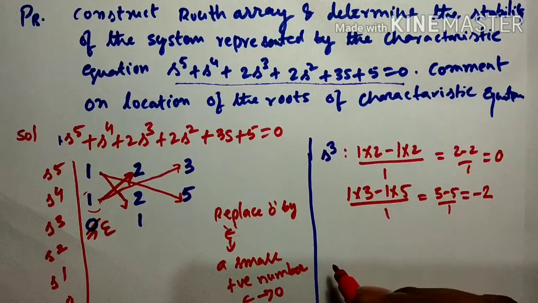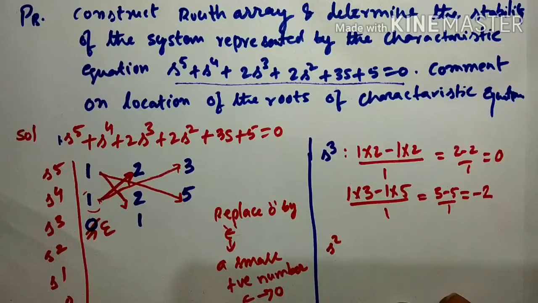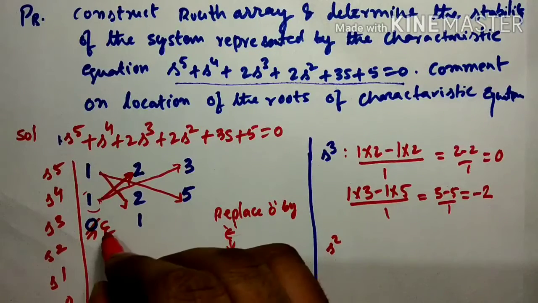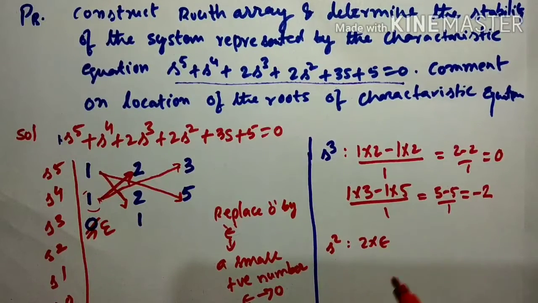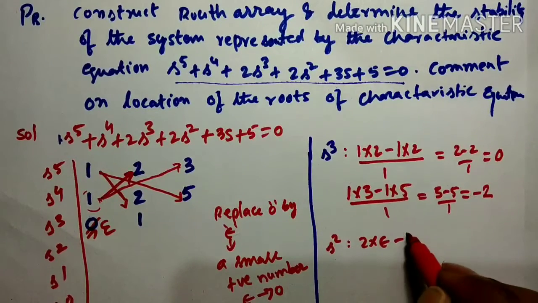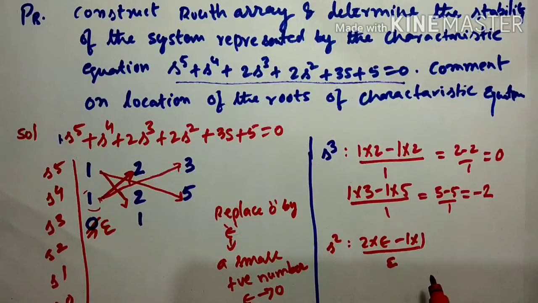Now we have to find the S square coefficient. So what is it? 2 into epsilon minus 1 into 1 by epsilon. You have to divide by epsilon. So what is the value you will get?